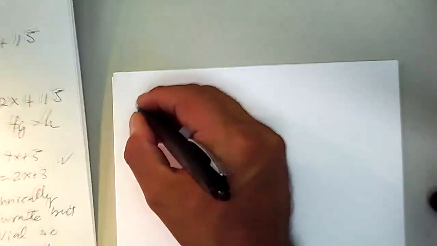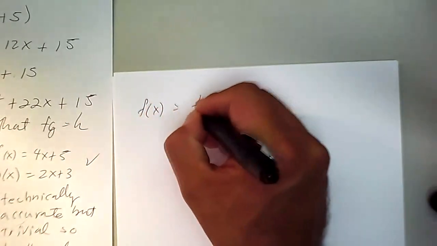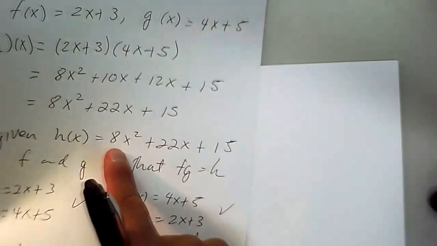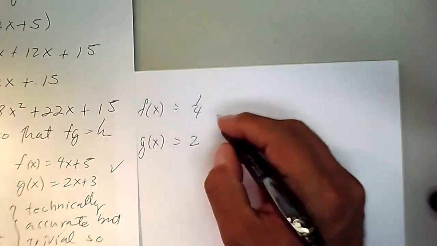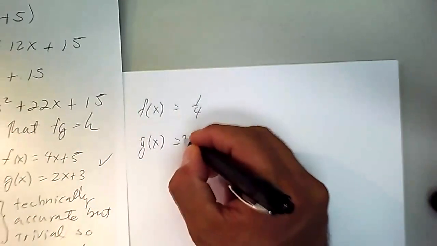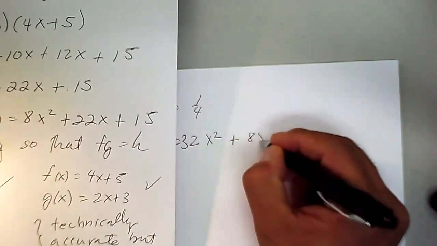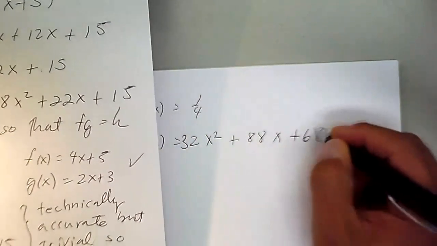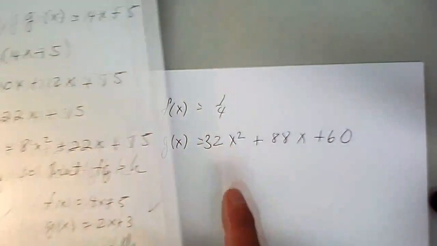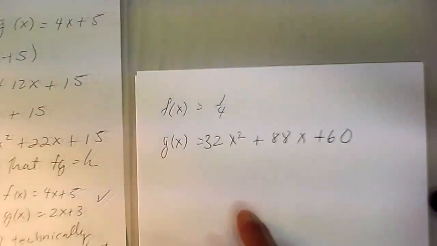Somebody could say, well, I could choose f of x to be 1/4 and g of x to be 32x squared plus 88x plus 60. Why? Because if we multiply those two, we end up with the original problem. Can we do that? Yes, this is accurate.